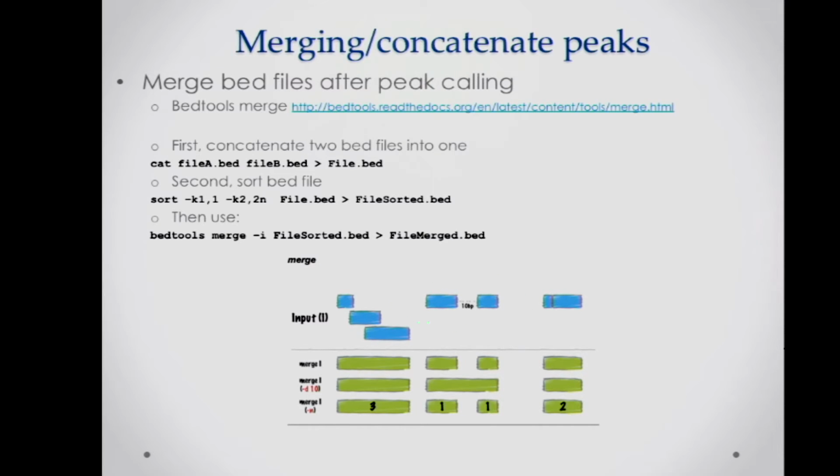But more of what I'm talking about is an example like this, where if there's two things and there's some distance d, you can set the distance in the command line, some distance between peaks. This example, they give 10 base pairs. We tend to use between 150 and 200 base pairs. You can look at size distribution of your peaks. You can look at average distance between peaks and call some cutoff that you want to merge together. But then we merge those into a single peak call.